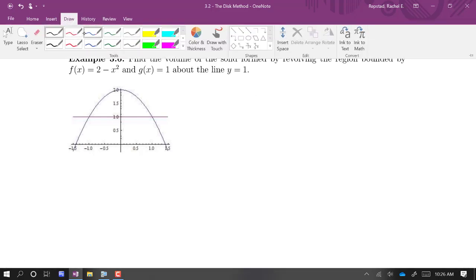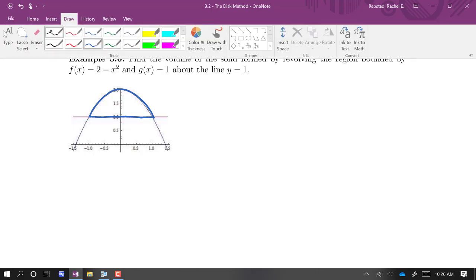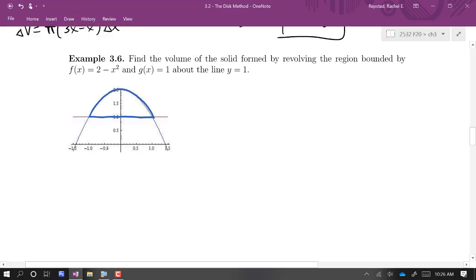Okay, so here's our region. It's no longer abutting the x-axis, but it is still abutting the axis of revolution because they've set the axis of revolution to be the line y equals 1, and that is our function g of x.